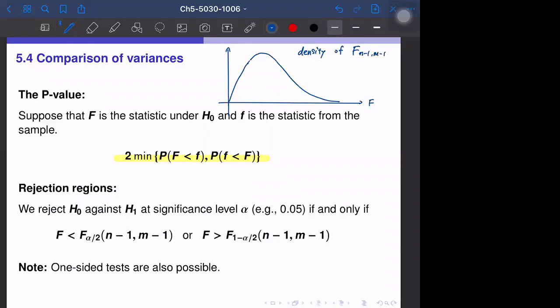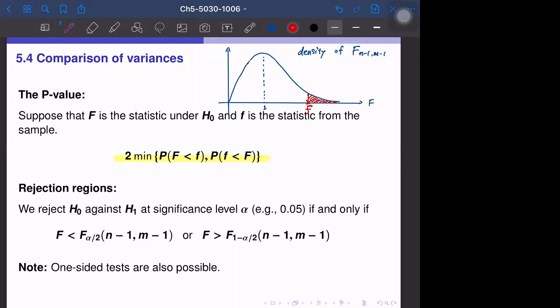The center is around 1, so maybe around here. And once you observe the F value, for example, the F value is here, maybe we observed, so we write small f, then the p-value is 2 times this area.